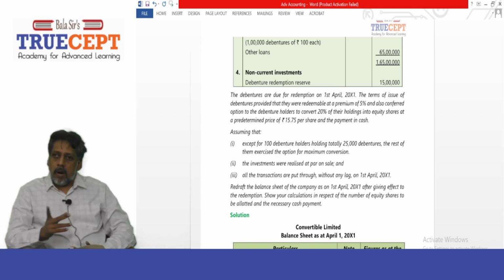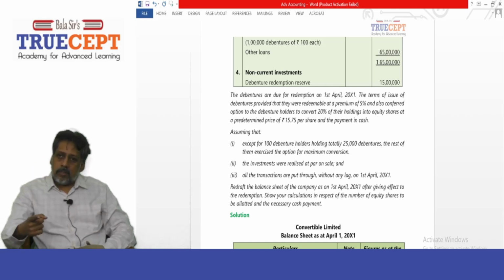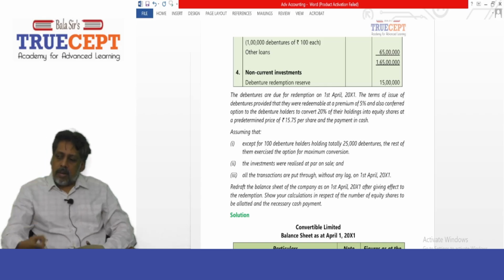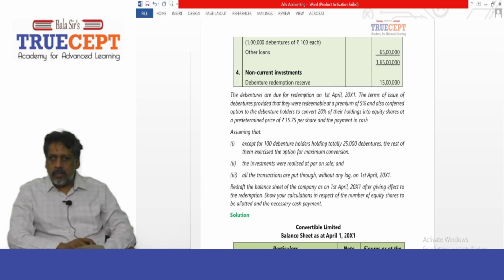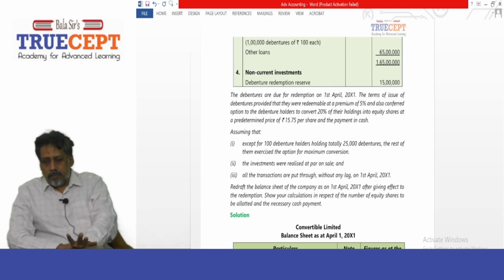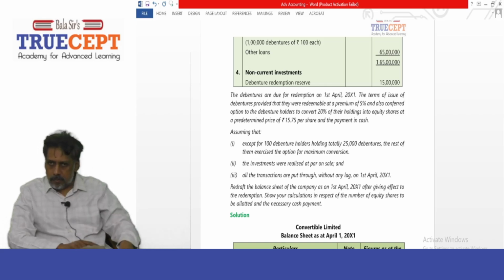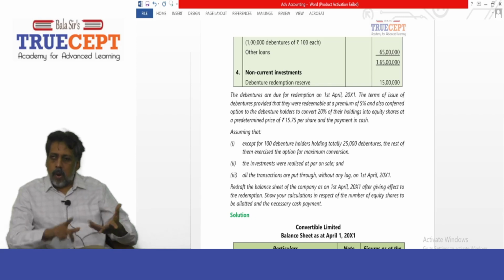What is the liability on your balance sheet? 1 lakh debentures of 100 each. So 100 debenture holders holding 25,000 debentures did not convert the debentures into shares. So what is 1 lakh minus 25,000?